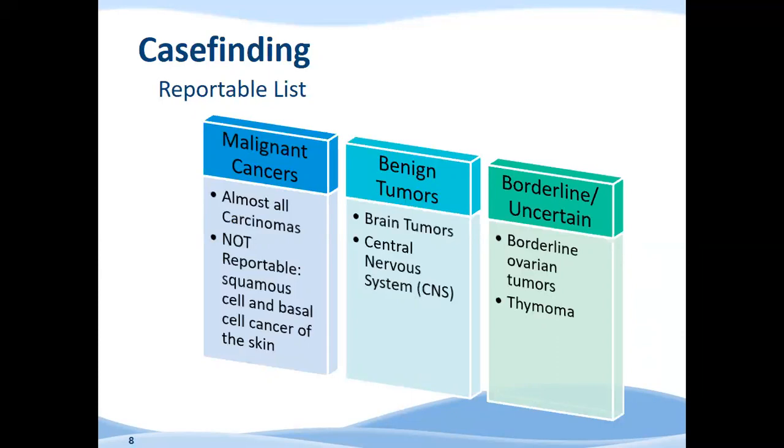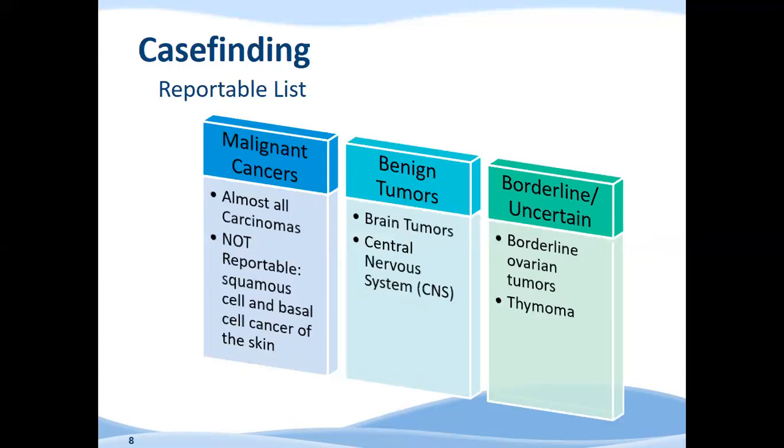Some central registries may require the registry to report other benign, borderline, or uncertain behavior cases. An example of a borderline tumor would be what they call a borderline ovarian tumor or a thymoma.